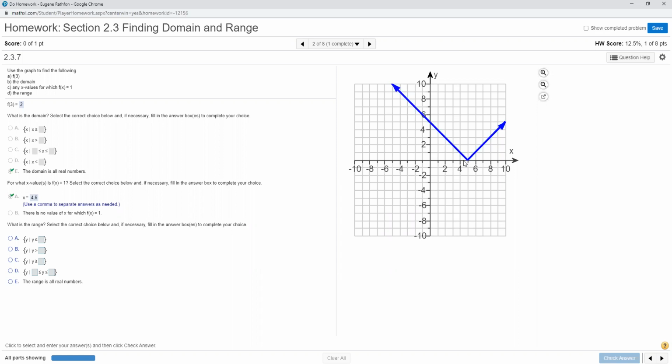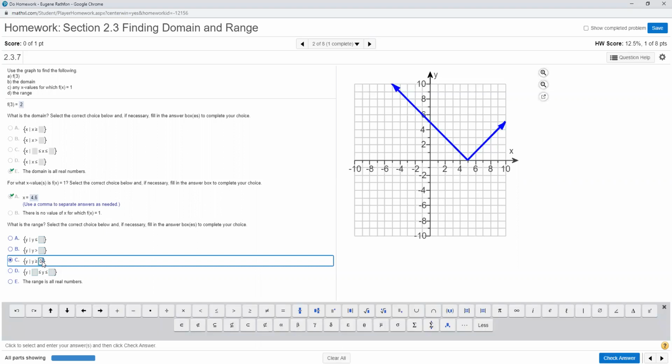So it looks like my range is any numbers that are equal to or greater than 0, because it keeps going up and up. So you would come over here, find the one that says greater than or equal to, and you would put a 0 in there. Remember, I can't use all real numbers because it doesn't go down here in these negative numbers, okay? It starts at 0 on the y-axis and heads up.